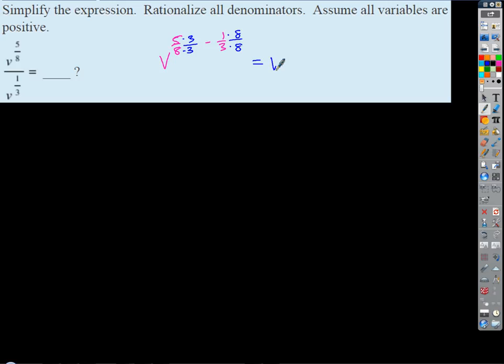So I end up with v to the 15/24, right? Minus 8/24. So what's the exponent then? 7/24. Okay? You good? Okay. All right, done with that guy.